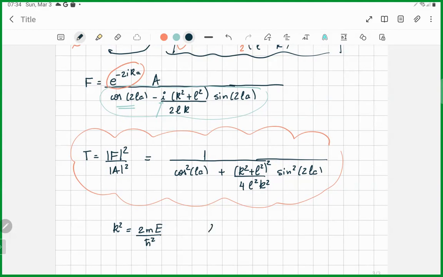And L squared is 2m(E plus V naught) divided by h bar squared. So you have to put all this in this equation, and you will finally find the equation that is in your book, the equation for the transmission coefficient, which is 2.172. Okay, so I think this is enough.